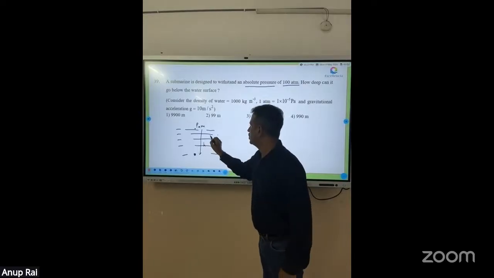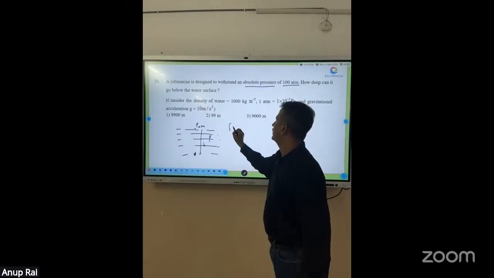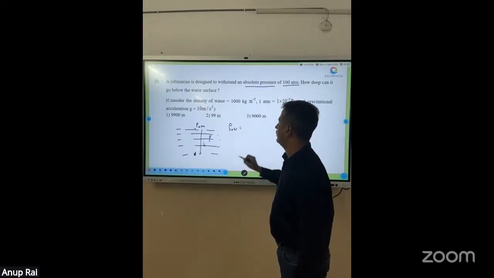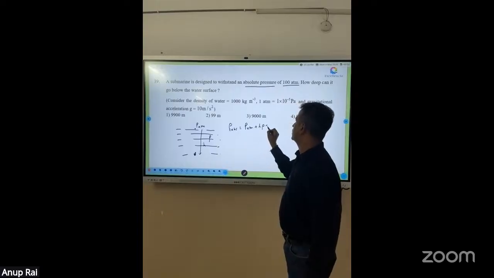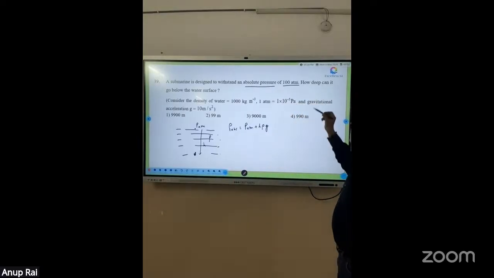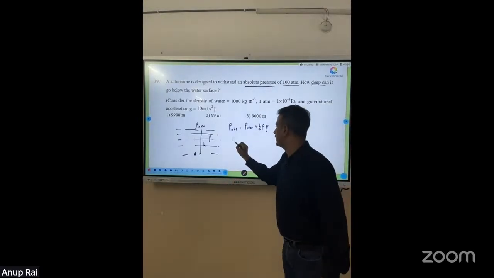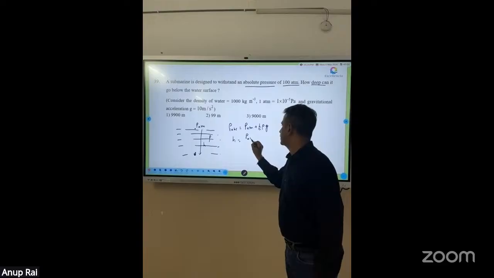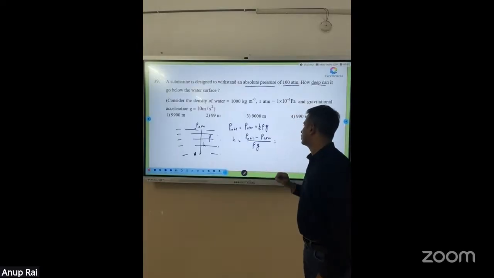If rho is the density of the liquid, then the absolute pressure on the ship is going to be P atmospheric plus h rho g. What they are asking, how deep, means they are asking h. So h can be written as the absolute pressure it can withstand minus atmospheric pressure, divided by rho g, and you can solve this.